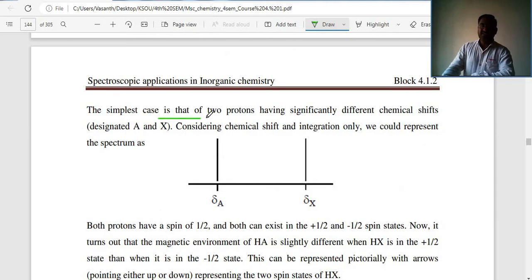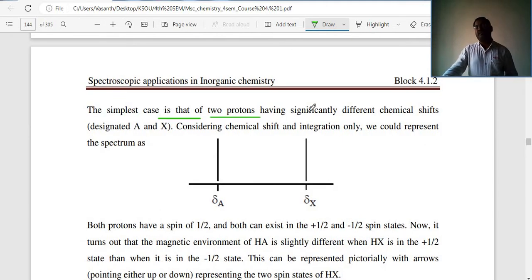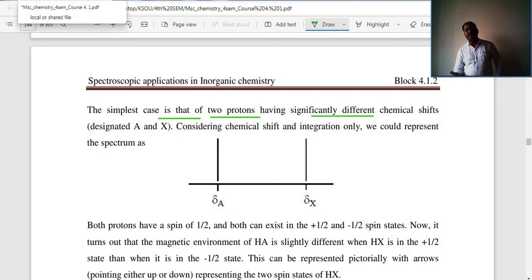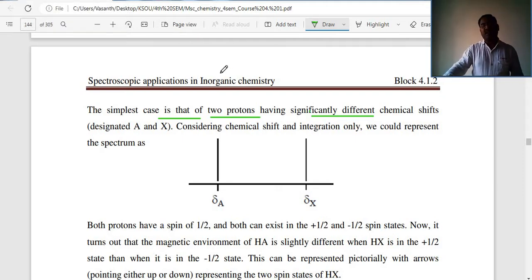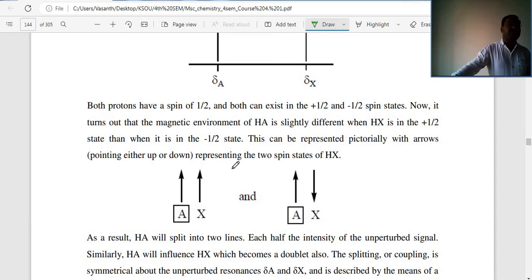The simplest case is that of two protons having significantly different chemical shifts. Considering chemical shift and integration only, we could represent the spectrum as shown in the figure.